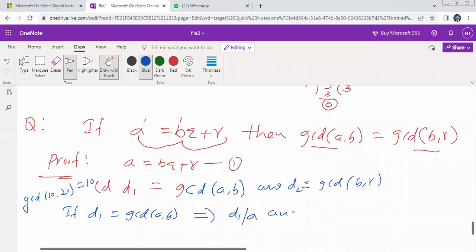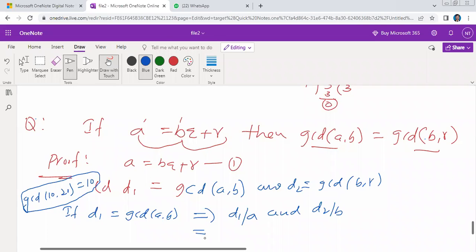D1 divides A and D1 divides B. For example, GCD of 10 comma 20 is equal to 10. Therefore 10 divides 10 and 10 divides 20. Are you following? Simple example.